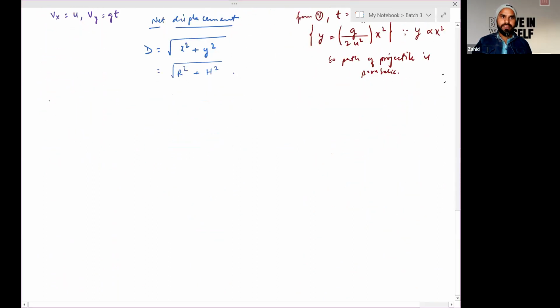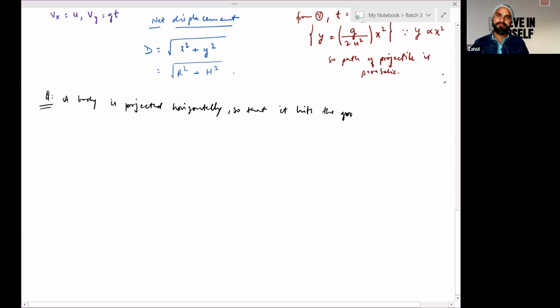Now, on the basis of these above concepts, I'm giving you one problem. A body is projected horizontally so that it hits the ground at 45 degrees in 3 seconds.